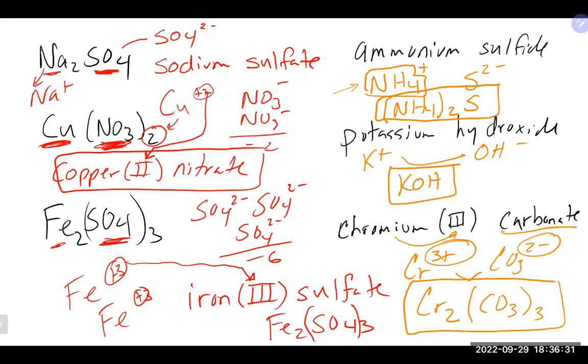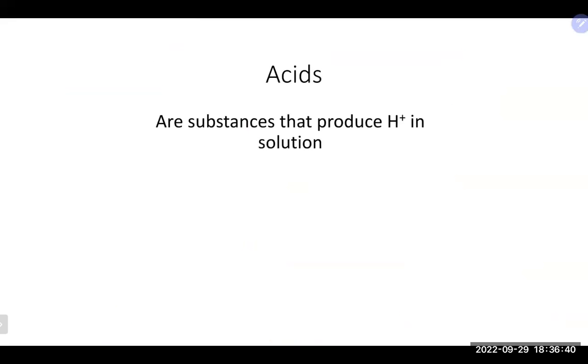Any questions on that? Okay, so our journey through naming continues here. We're going to talk about acids. Acids are substances that can produce H+ ions in solution. When we talk about acids, H+ or H3O+, which is the hydronium ion, also a polyatomic ion, is basically the same thing.